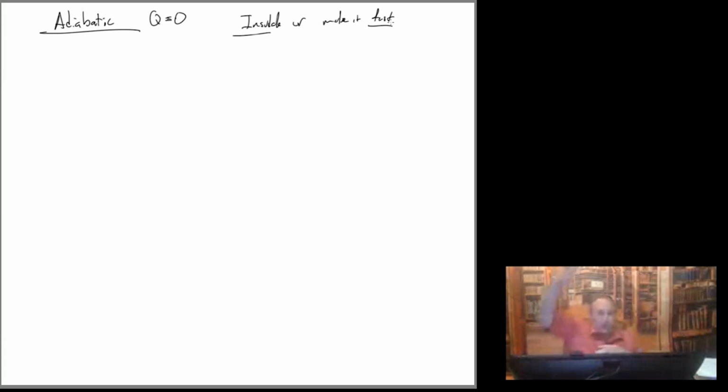Boom, the piston is shot out of the cylinder, not all the way out, but shot upward or outward, and that expansion is so rapid that there's no time for heat to flow in or out. So the heat that's in there, we're creating that heat with the ignition of the gas. That's not what Q is talking about. We're talking about, does heat penetrate the walls of the cylinder? So that's how adiabatic works.